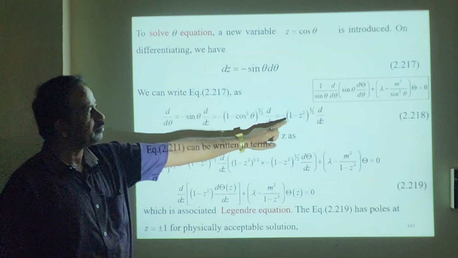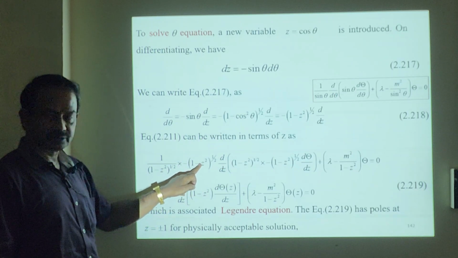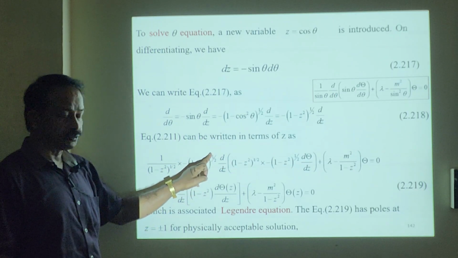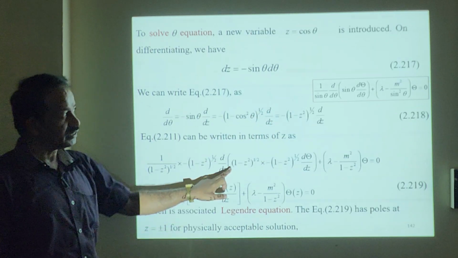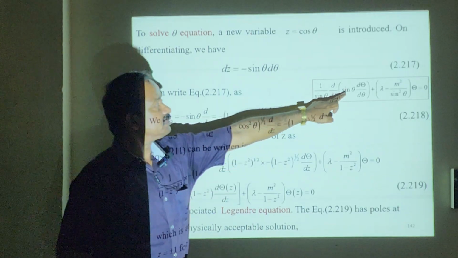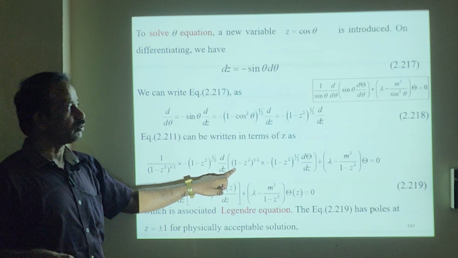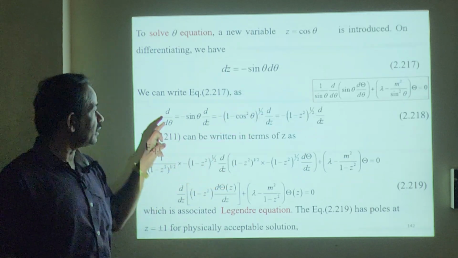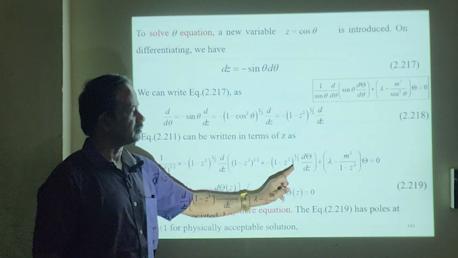D by d theta is nothing but this factor, so with a minus sign, 1 minus z square to the power 1 by 2 d by dz. Next factor is sin theta. Sin theta is 1 minus z square to the power 1 by 2. Again d by d theta, which is minus this factor. Is it okay?